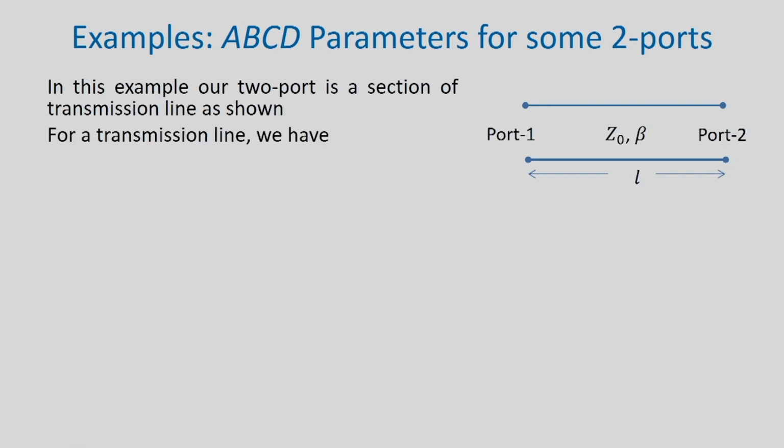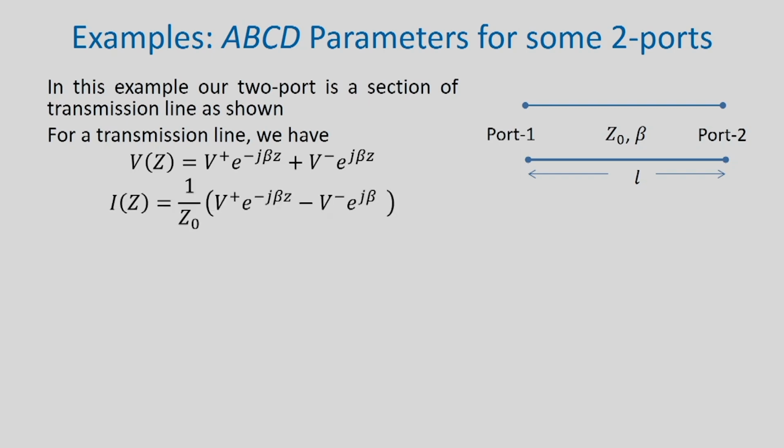Now, for a transmission line, in general we can write V(z) is equal to V plus e to the power minus j beta z plus V minus e to the power j beta z, and I(z) is 1 by Z0 times V plus e to the power minus j beta z minus V minus e to the power j beta z.